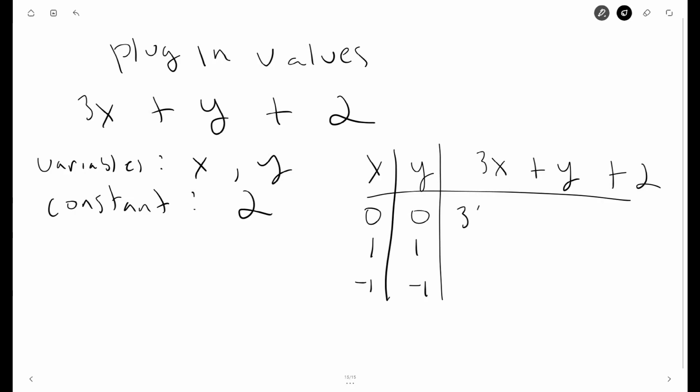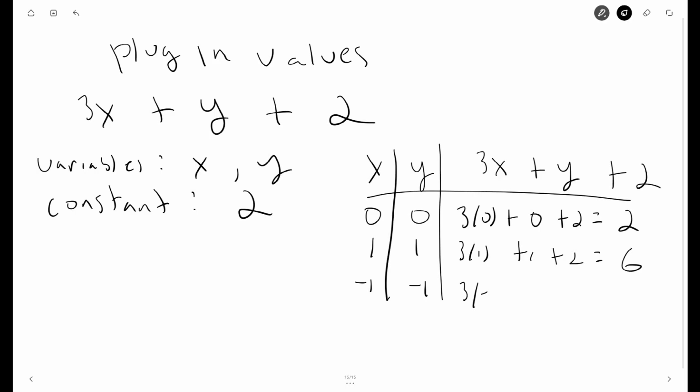So it will be 3 times 0 plus 0 plus 2. That's 0 plus 0 plus 2, which is 2. Then 3 times 1 plus 1 plus 2: 3 times 1 is 3, 3 plus 1 is 4, 4 plus 2 is 6.